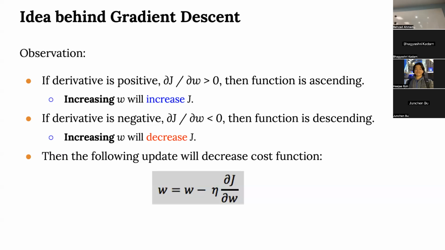Is it clear what we are doing? We choose a random point. Because it's a function, you can take the derivative, put that W inside, and it gives you a number. Assume this is 0.1 for now. The next W is going to be the current W minus 0.1 times the slope. What does it mean?